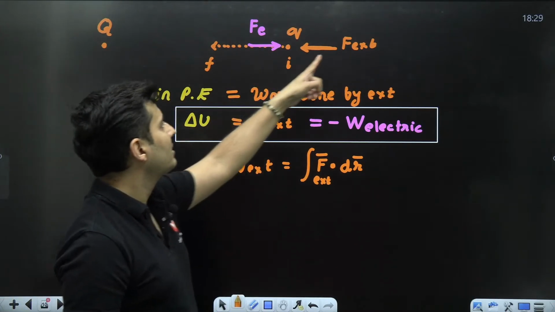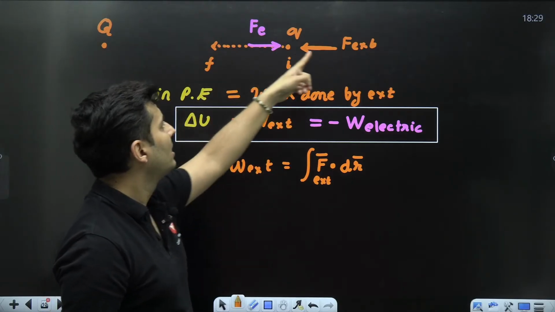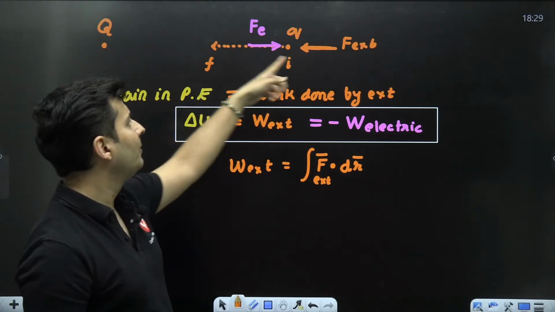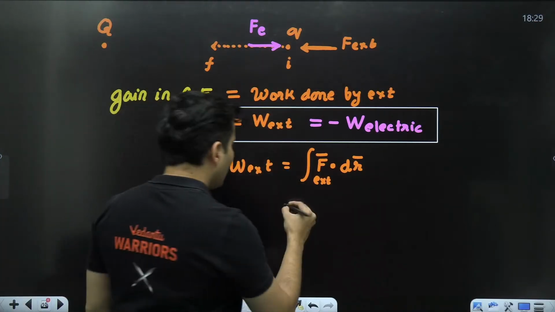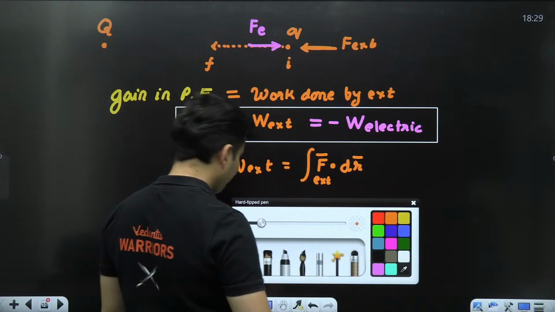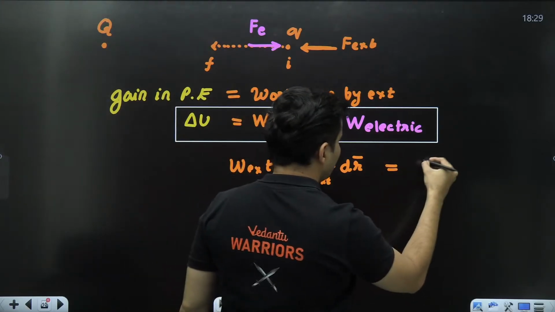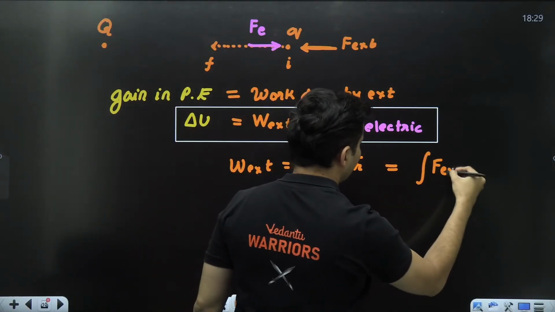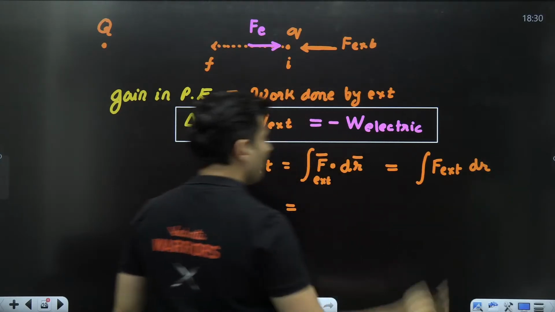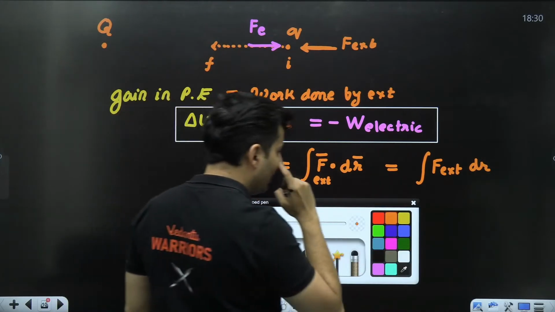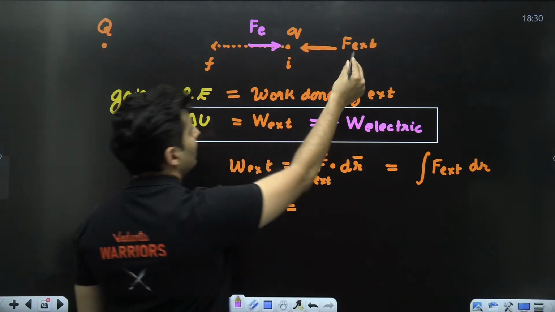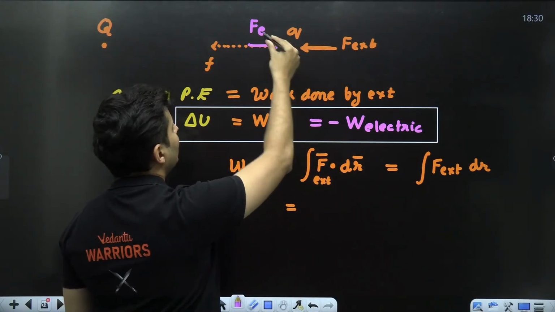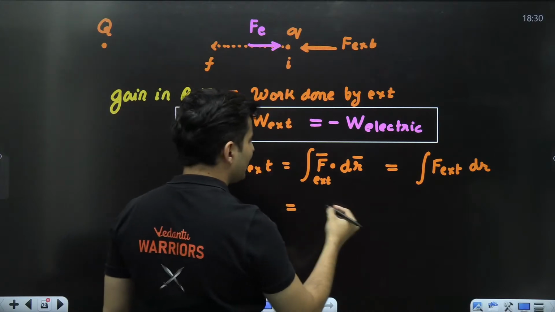In this particular scenario, the work done by the external force is positive because displacement and the force are in the same direction. So in this case, this will be just positive F external into displacement. But had you done this for the electric force, this will be exactly negative.